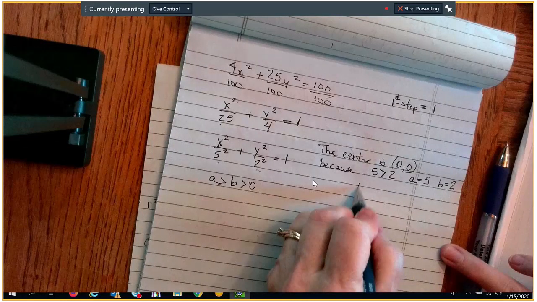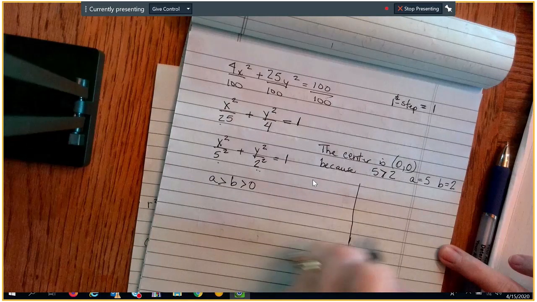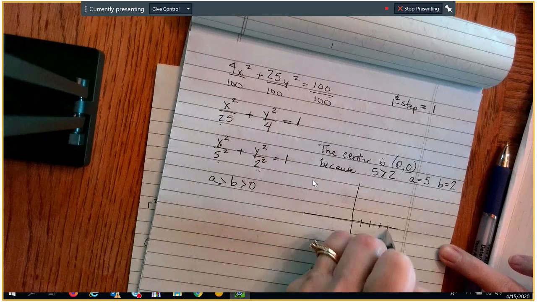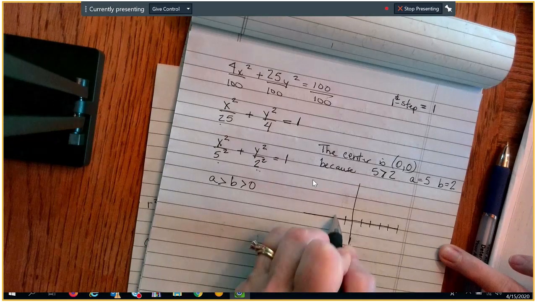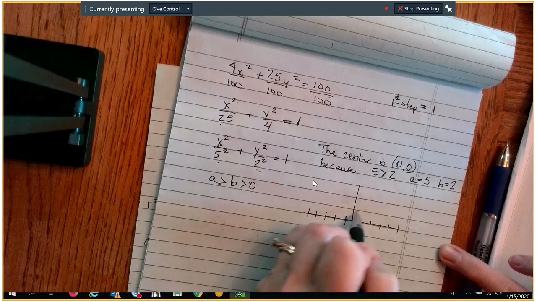So when we go to graph this, we count 1, 2, 3, 4, 5 and 1, 2.